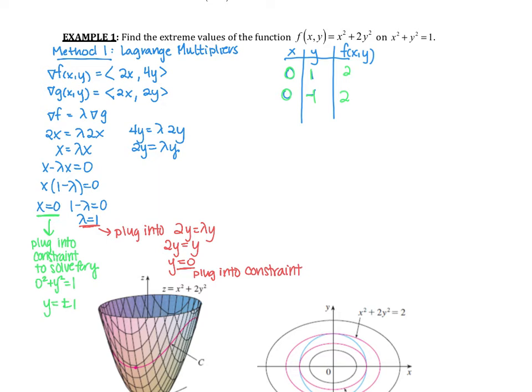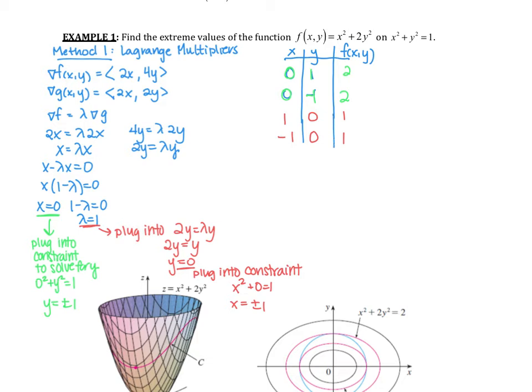And plugging y into the constraint, we get x squared plus 0 equals 1, which means x equals plus or minus 1. And so we would get the 2 points, positive 1 with 0 and negative 1 with 0, and substituting those into my original function, we get 1 and 1.